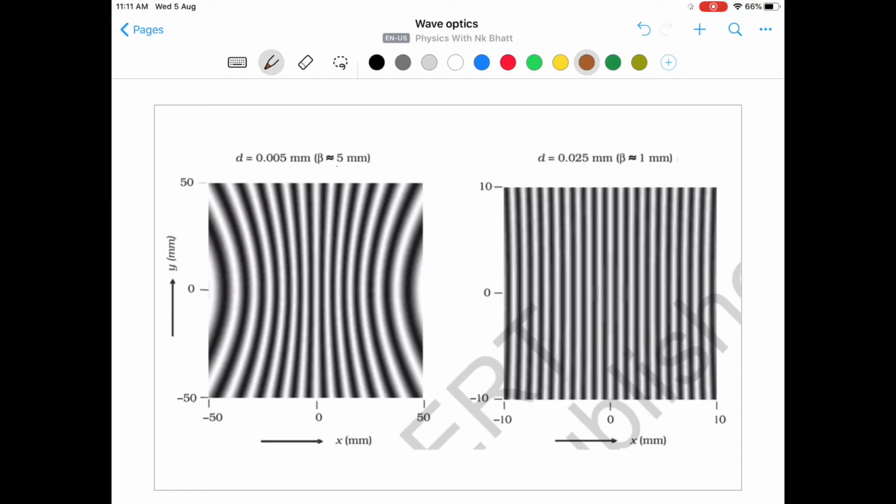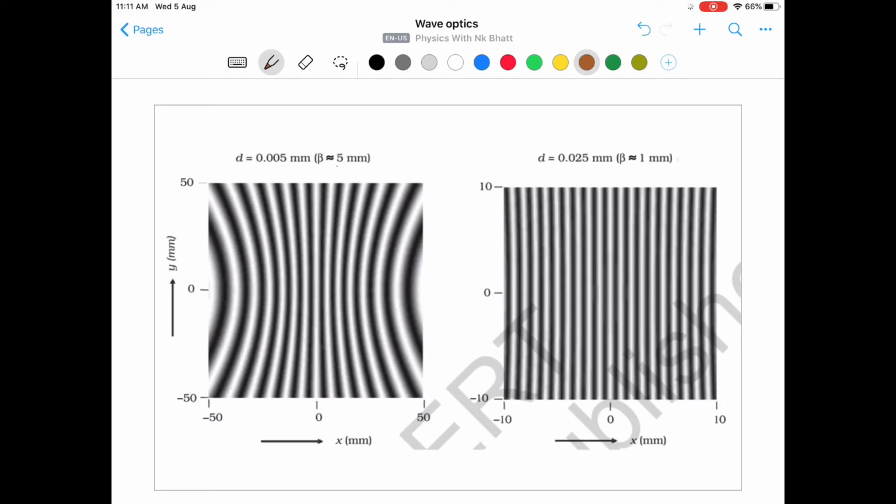So what is the difference between these two? That is very important to understand. In reality, the bands are formed in curved form like rings, but since their radii are very large, a small section of this particular pattern appears linear, that is, straight bands, as you can see here.